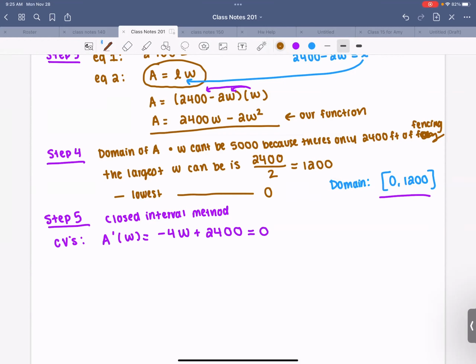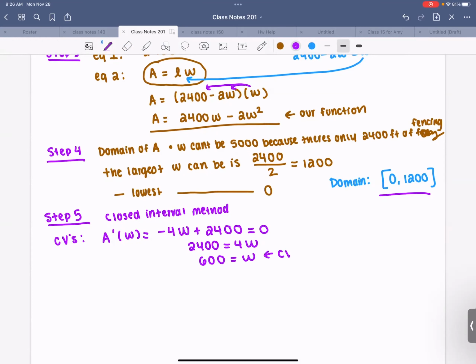Solving for W, I subtract 2400. So 2400 equals 4W, and then W equals 600. I set my derivative equal to 0 and found my W value, and that's my critical value.